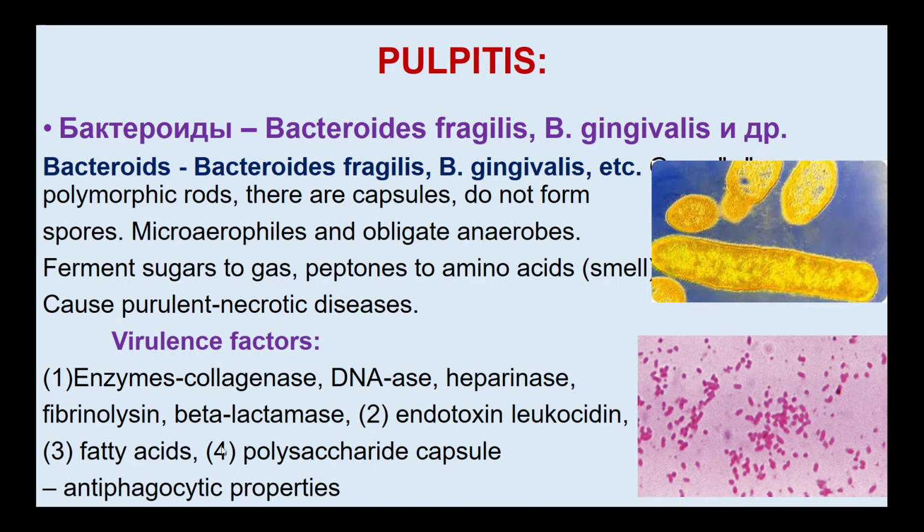Beta-lactamase gives the ability to multiply in the presence of beta-lactam antibacterial drugs, meaning antibiotics. Some bacteroides release endotoxins such as leukocidins, fatty acids, and the presence of polysaccharide capsules protects these bacteria from phagocytosis and gives the ability to multiply in the pulp, maybe in other soft tissues. These are the main pathogenic factors of bacteroides.